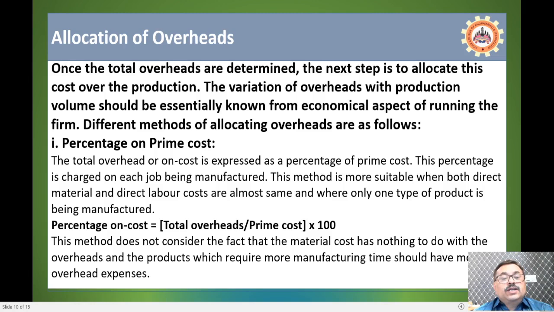This method does not consider the fact that the material cost has nothing to do with the overheads, and the products which require more manufacturing time should have more overhead expenses.